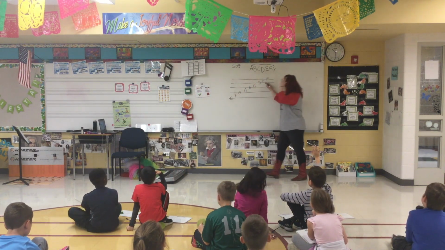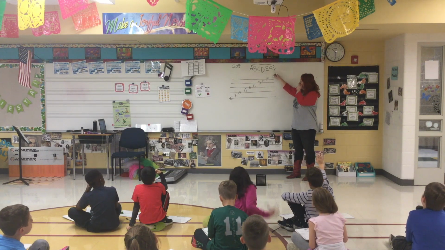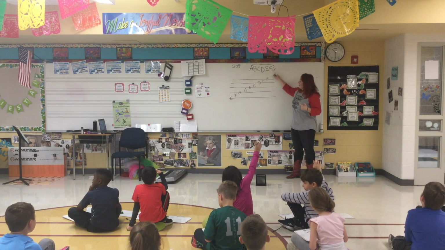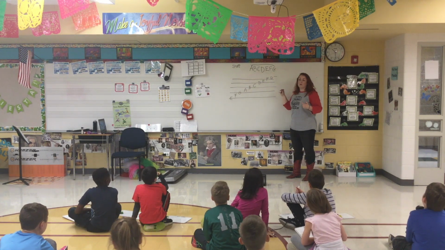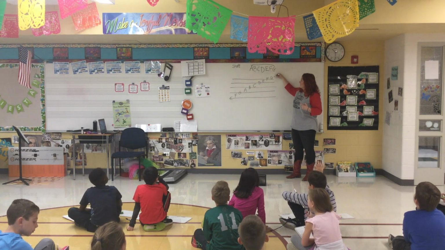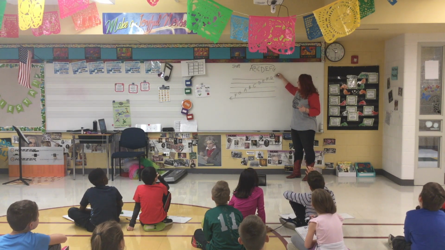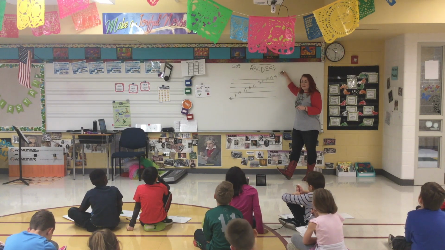So if we were going to go forward, what would this top space letter be, Cooper? G. Yeah. And then this line right here, what would that be, Brooklyn? That would be A. Excellent. And then this top space would be what, Rayanne? Yeah, excellent.